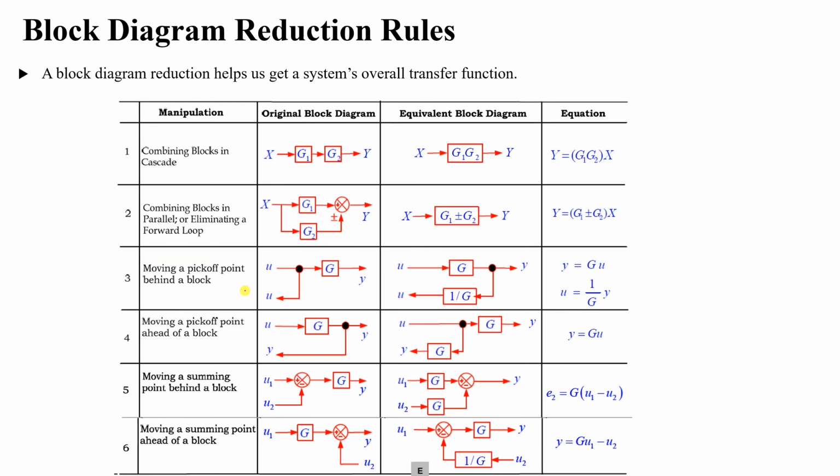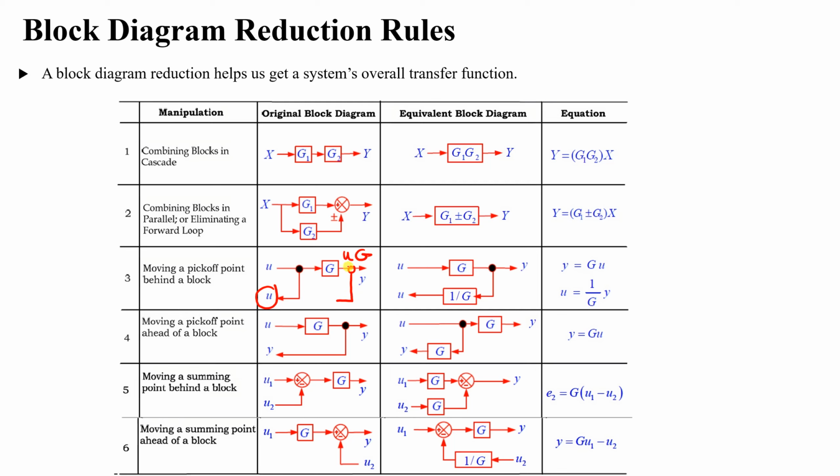I would like to take the output, instead of from here, from here. You can see this point will have U multiplied by this gain, G. I would like to take the same U I did here, from this point.